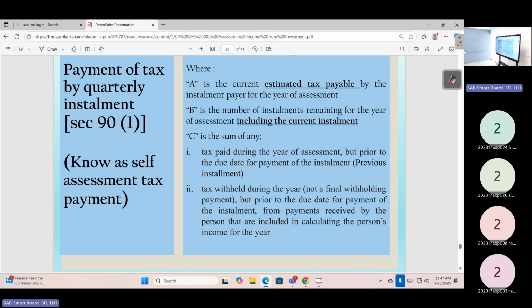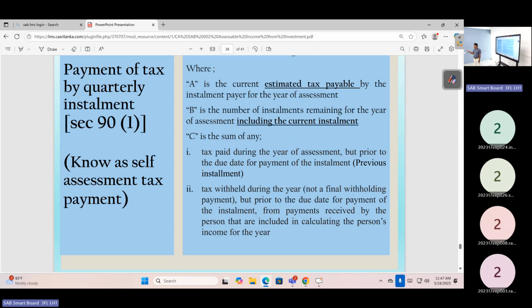He can issue an advance assessment and collect tax, because the year of assessment ends on 31st March and the tax return needs to be submitted by 30th November. There is an 8-month period to submit the return. Say somebody is going outside Sri Lanka, then we cannot collect that balance tax. There is no provision in the law. Therefore, the assistant commissioner has the option to issue an advance assessment and collect tax.